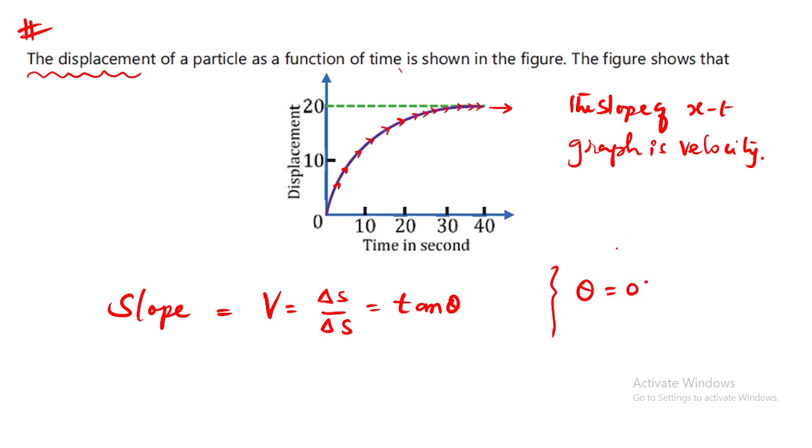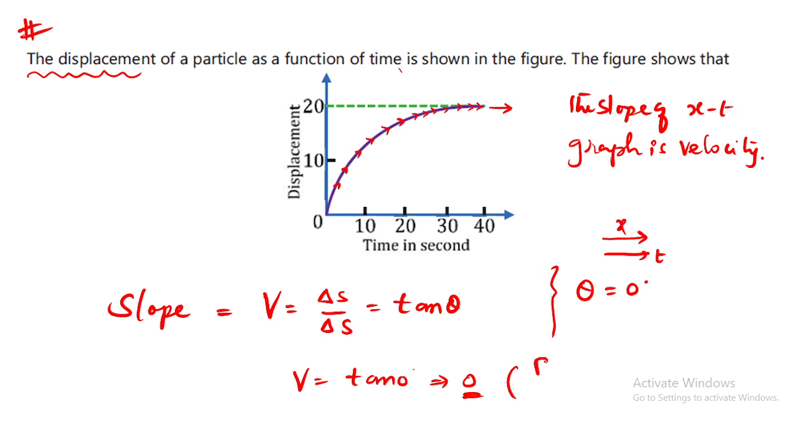Yes or no? Displacement also becomes parallel to time. Am I correct? The angle between them is 0. So if I put a 0 angle, what happens to velocity? Tan 0 value will be 0. So velocity becoming 0 means the body condition will be at rest. Body came to rest.